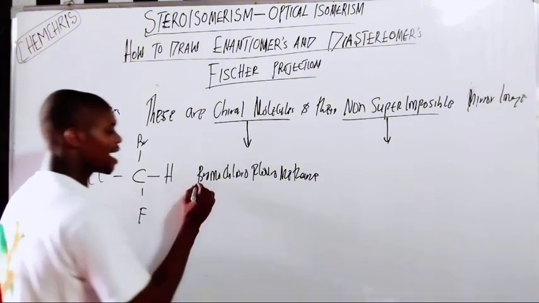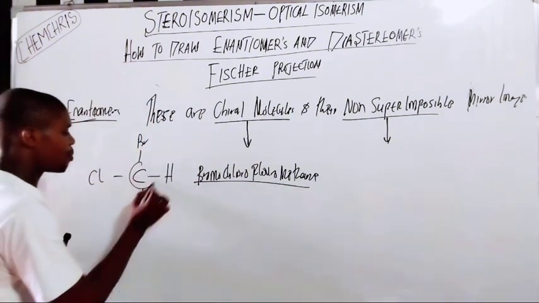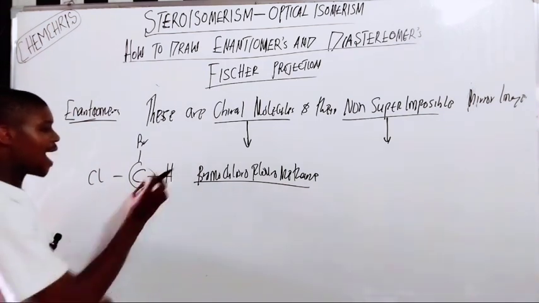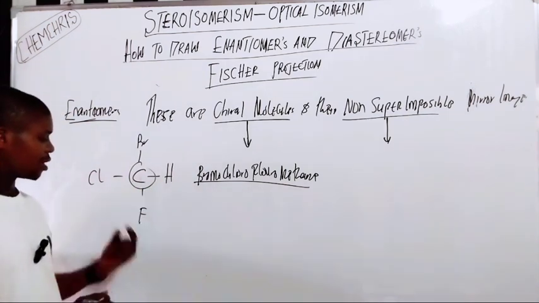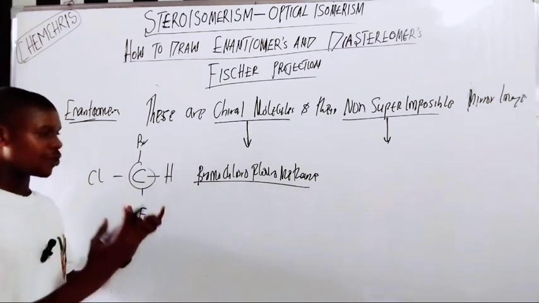Bromochloromethane is a chiral molecule. Why is it a chiral molecule? Because the carbon atom has 4 different groups: it has hydrogen, fluorine, chlorine, and bromine. So it's a chiral molecule.